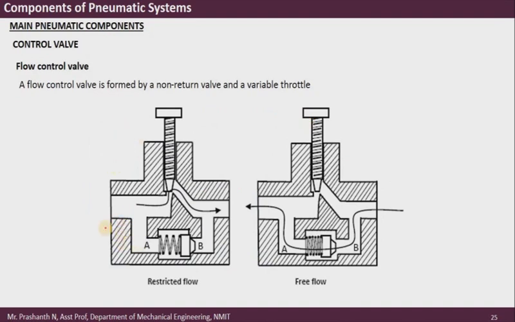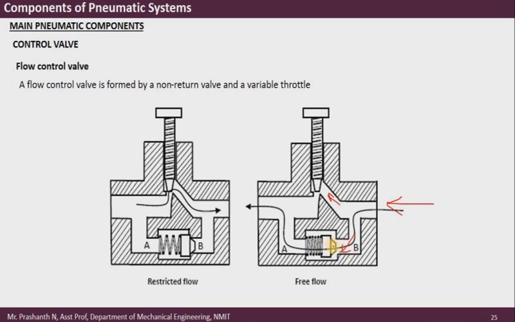In this, if we observe the working principle, let us say I want unrestricted flow of air, so that means free flow of air. In that case, if I supply the air from this direction, the air will enter the chamber. Instead of going in this direction, the air will move along this side and push against this ball.